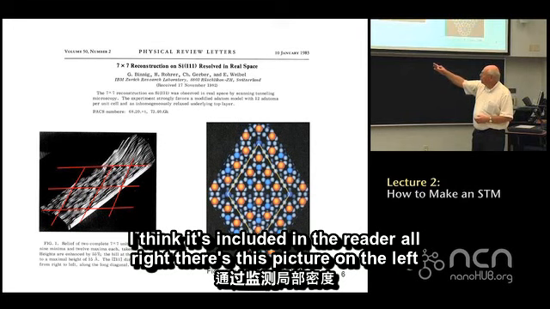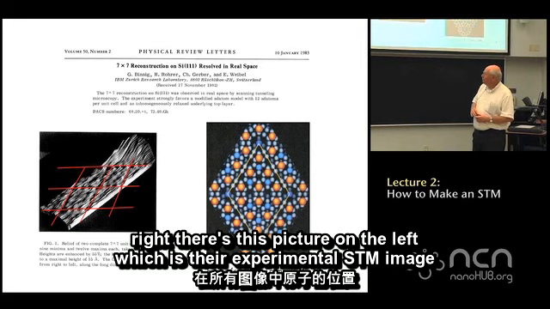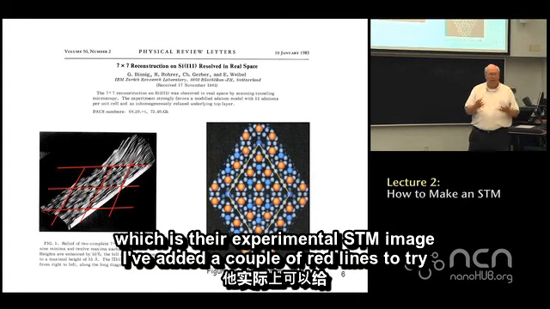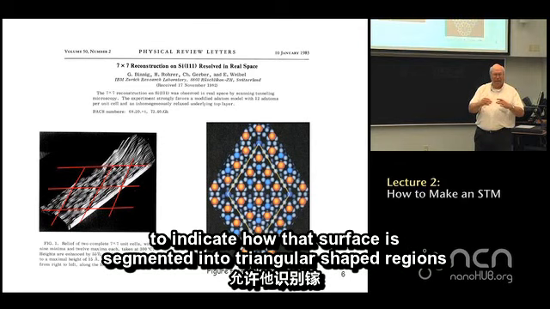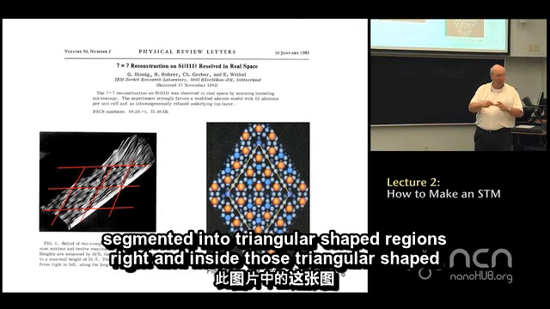There's this picture on the left, which is their experimental STM image. I've added a couple of red lines to try to indicate how that surface is segmented into triangular shaped regions, right?